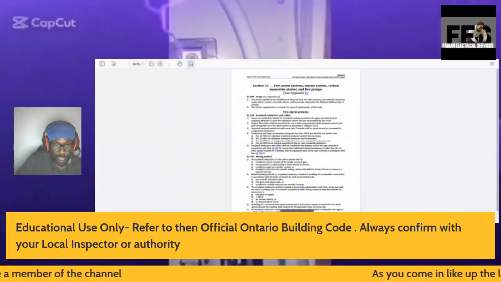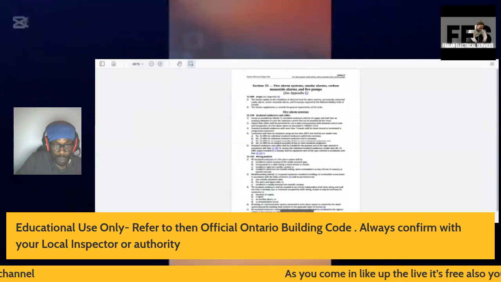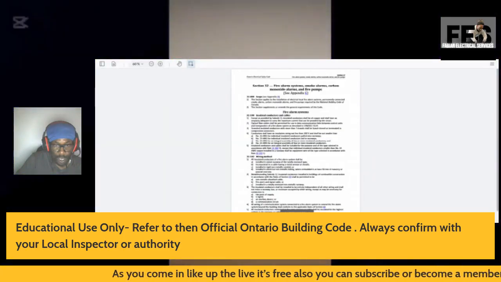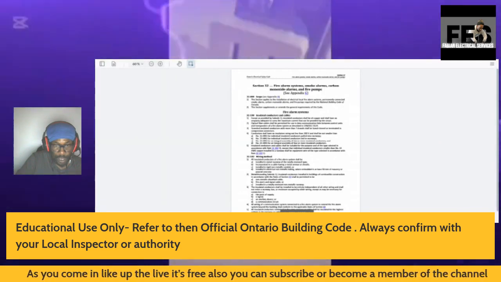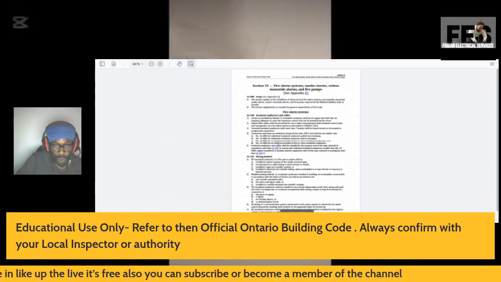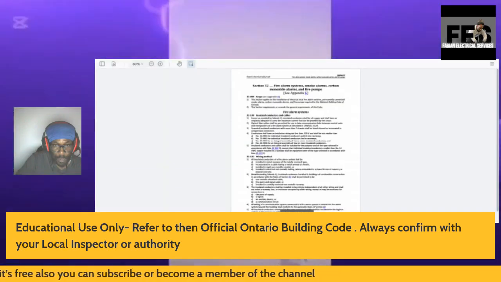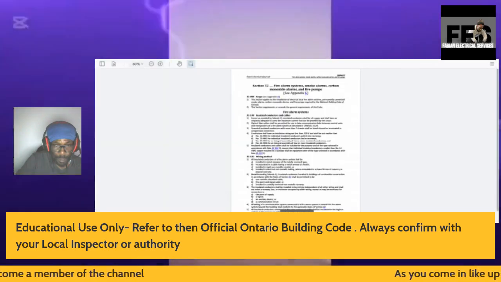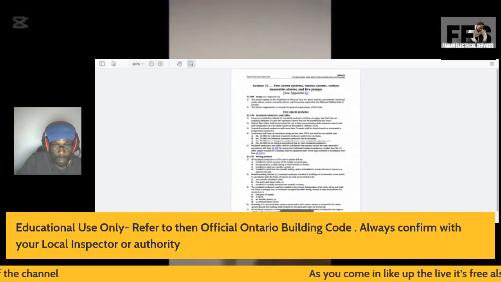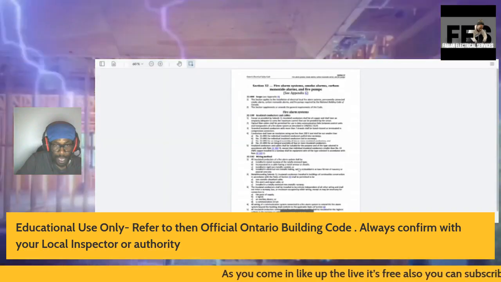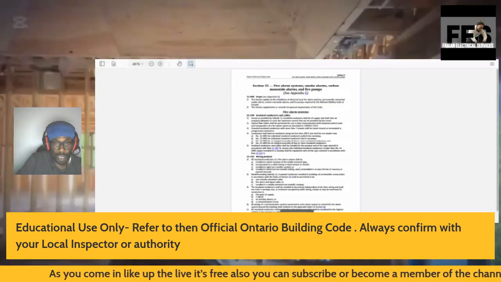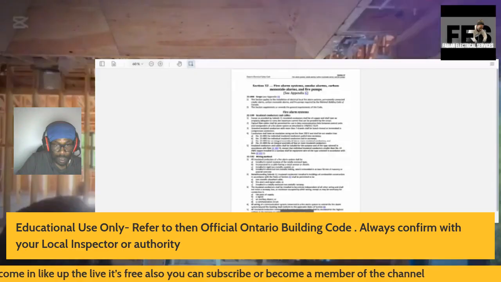Wiring method. An insulated conductor of a fire alarm system shall be an insulated conductor of a fire alarm system type, a cable having a metal armor or sheath. Again, the trade name we call it is BX, aluminum sheathed cable is the name.